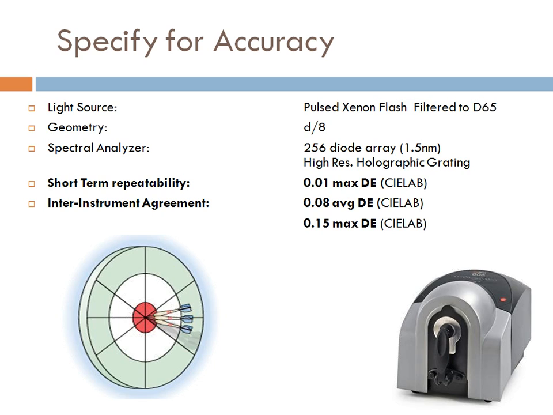It's not unusual for manufacturers to use different metrics, CIE versus CMC's DE, or CIE 2000. Agreement tests are often in terms of an average difference over multiple samples and multiple measurements, sometimes including a maximum value for any single measurement in the test.